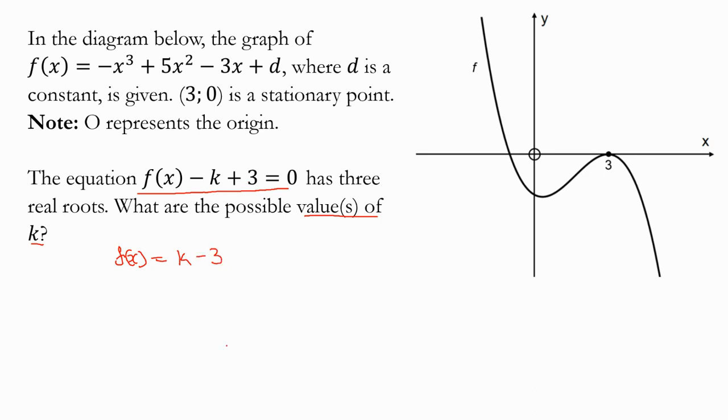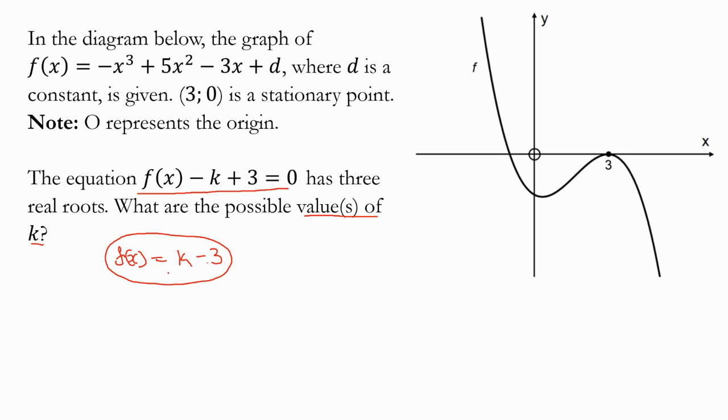So f of x is equal to k minus 3. Now I'm going to read this one instead of the one that we're given. The equation f of x is equal to k minus 3 has three real roots. What are the possible values of k?